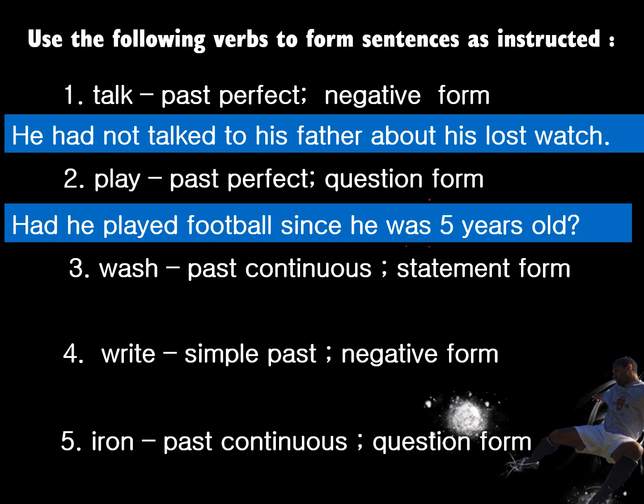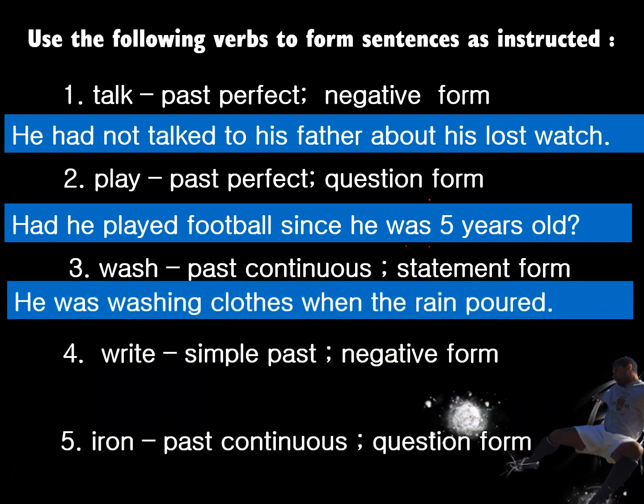So this is just a sample answer. Take note: he was washing clothes when the rain poured. So past continuous, was washing. And it is a statement form because it tells something: he was washing clothes when the rain poured.